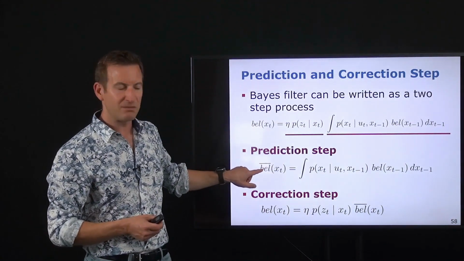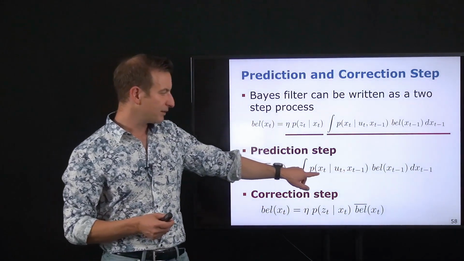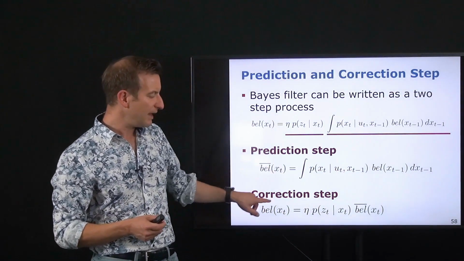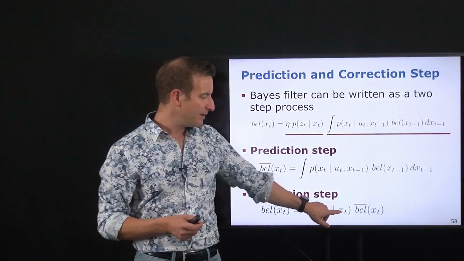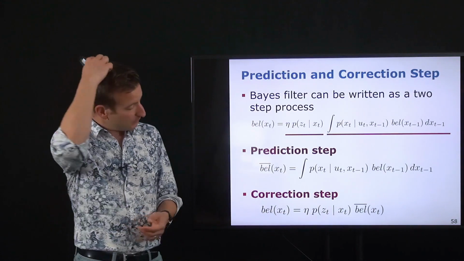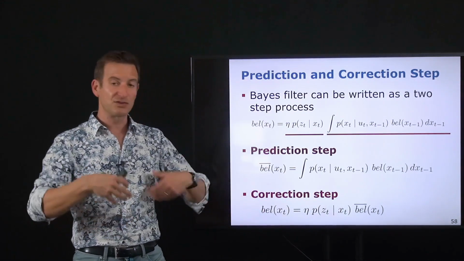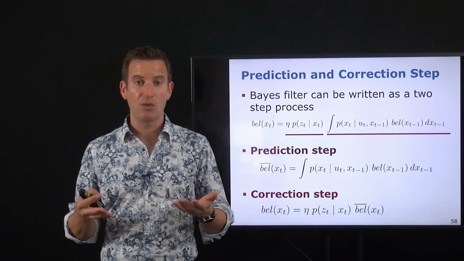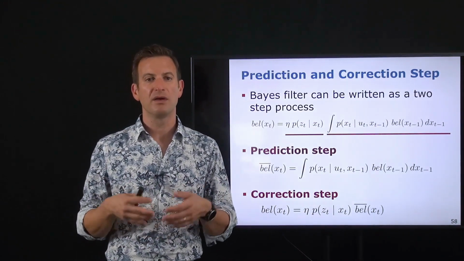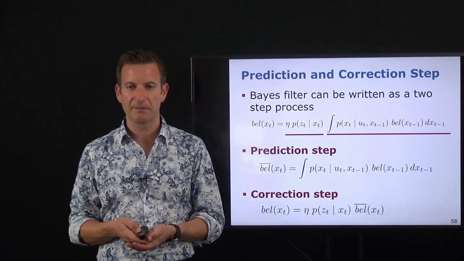The predicted belief is the belief where we only use the motion model to advance the state. And the correction step then multiplies this predicted belief with our observation model, and then a normalizer, and this leads me to the corrected belief, where I take into account that the sensor observation may tell me something different than the prediction step.